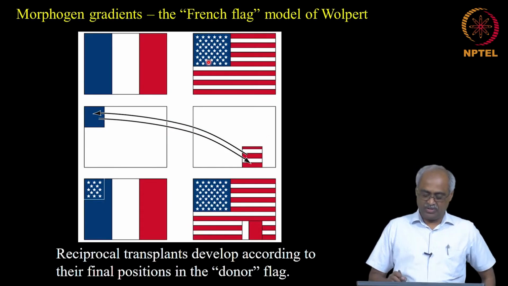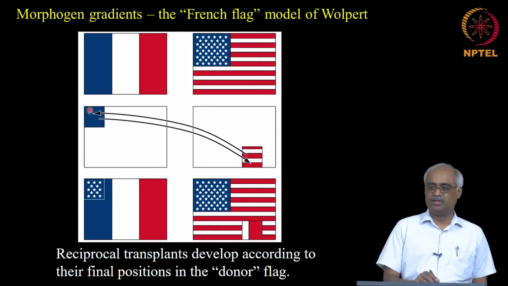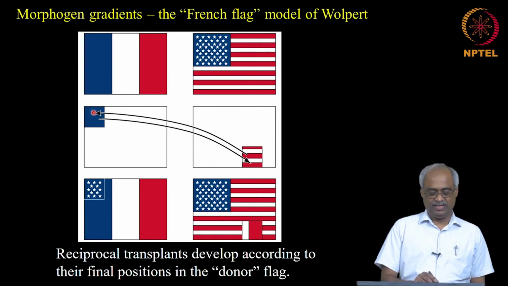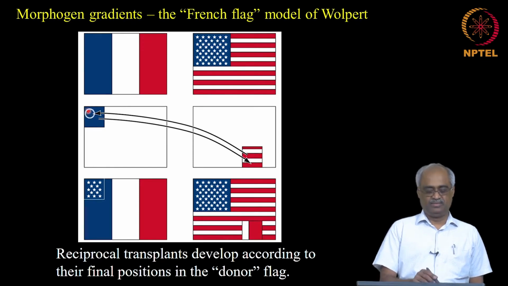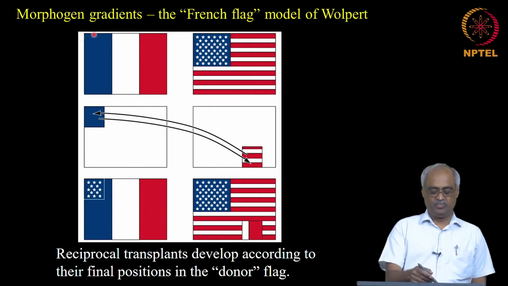So now I am going to take cells from here, the American flag, and put them in this corner, where they are going to sense the morphogen at its highest concentration, but they are not going to make the blue, the corresponding part of the French flag. Instead, based on whatever instruction they already have, they are going to make the structure.